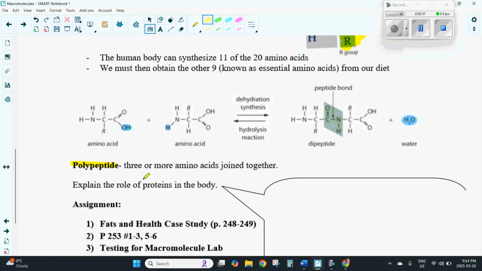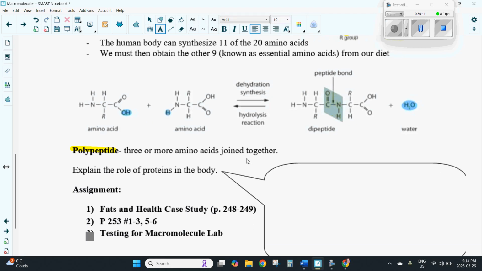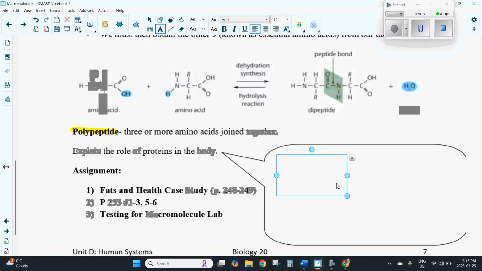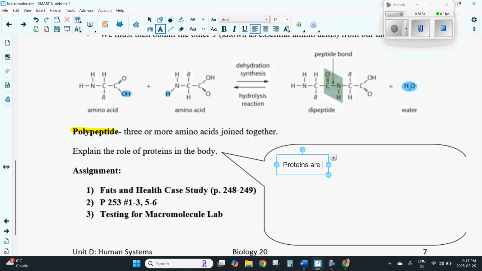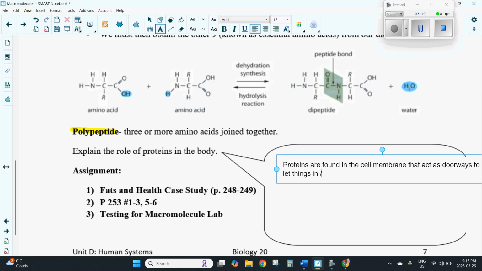Then it says, explain the roles of protein in the body. Well, what we know of protein so far from grade 10 is that proteins are found in the cell membrane and act as doorways to let things in and out of the cell.